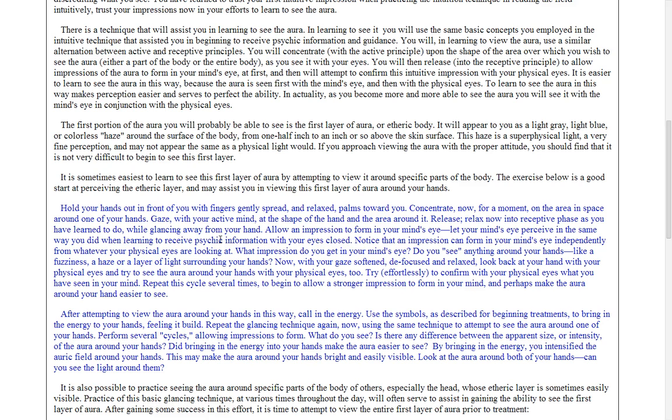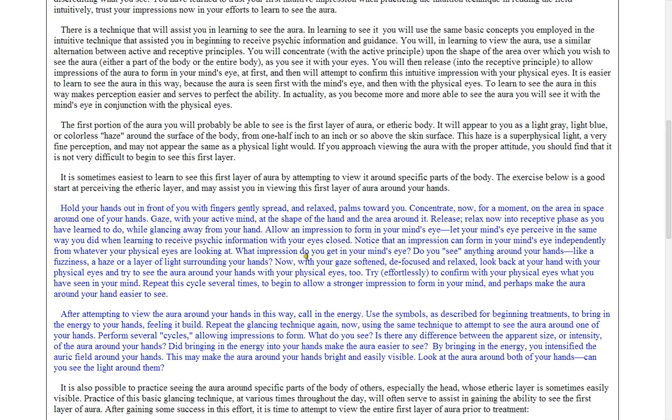Allow an impression to form in your mind's eye. Let your mind's eye perceive in the same way you did when learning to receive psychic information with your eyes closed. Notice that an impression can form in your mind's eye independently from whatever your physical eyes are looking at.